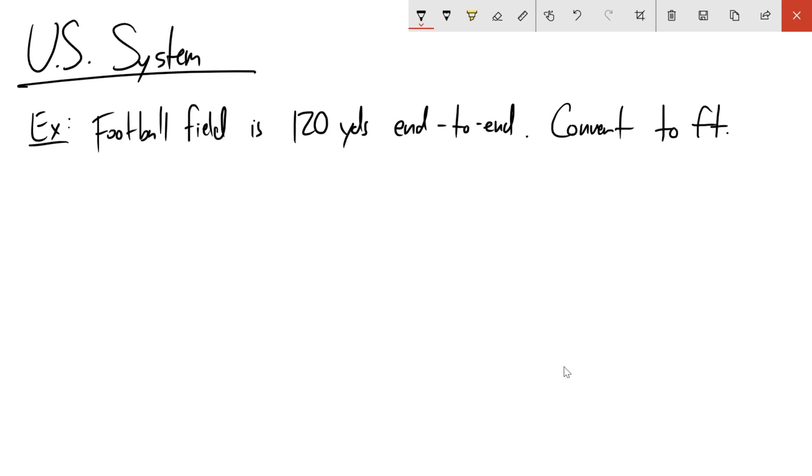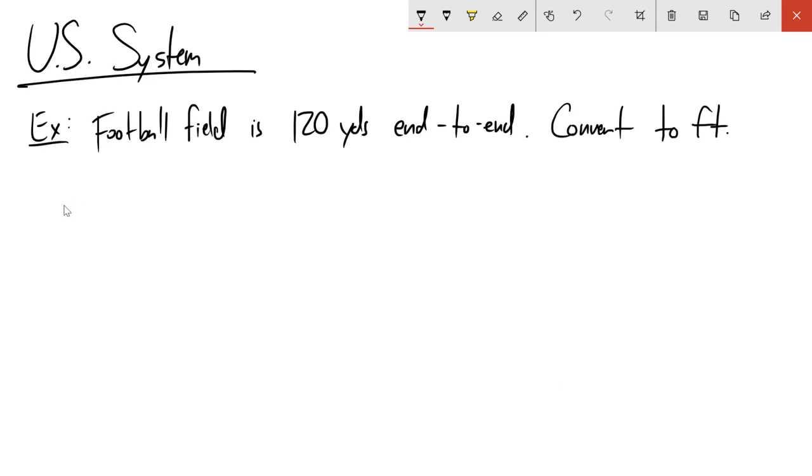So if there's 3 feet per yard and we've got 120 yards, what should we do to find the number of feet? Close. Flip that operation. You'd actually multiply it. Because if there's 3 per yard, that means every single yard has 3 in it. So there should be more feet than yards in a football field. It would take more rulers to measure a football field than it would yardsticks.